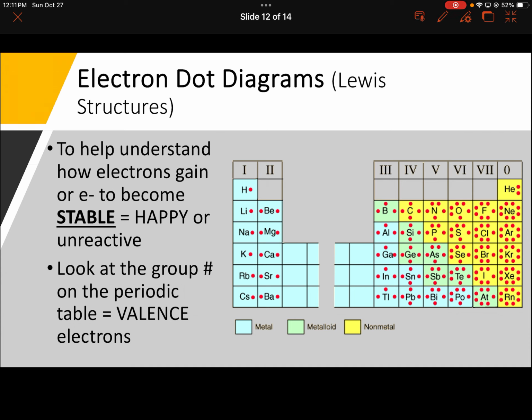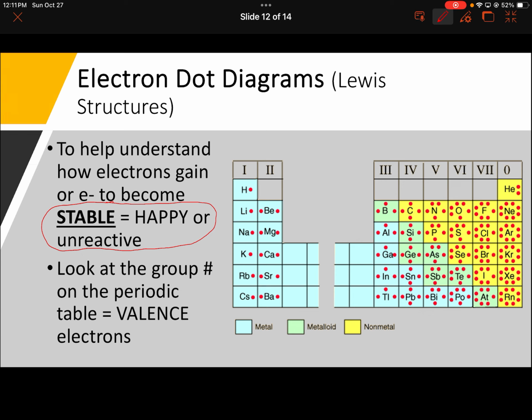so the first piece I want to talk about, you guys, with electrons and being stable, what we need to start looking at first off is this stable or idea of being happy right here. All atoms are looking for 8 electrons in their outer energy level to become stable, and we'll talk more about that in a bit. Some elements are only looking for 2, but like I said, we'll get to that.